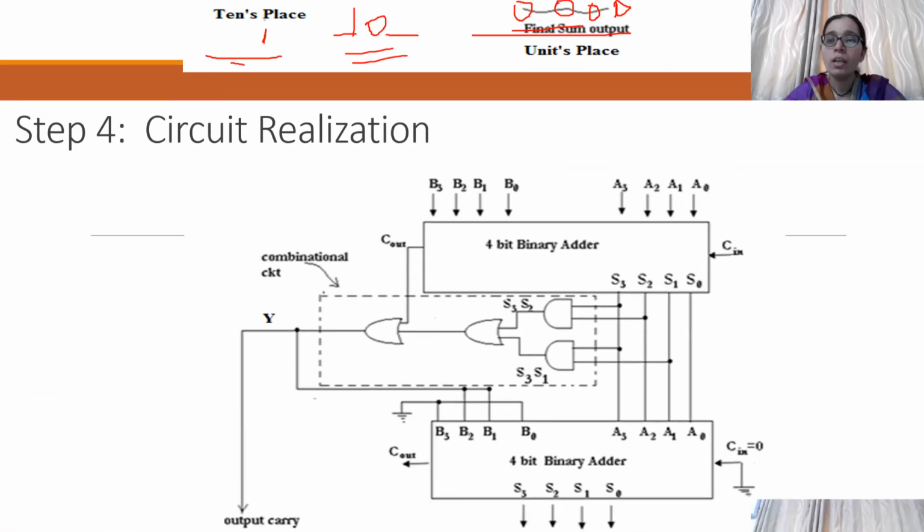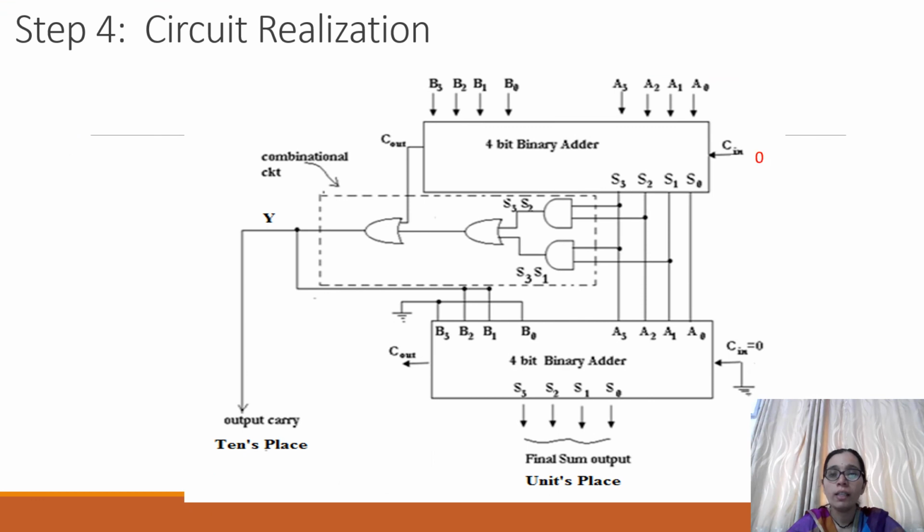Same here with one example. Cin 0, that is B is 3, A is 4. So A plus B is 7. Now 7 is 0, 1, 1, 1. Here 0, 1, 1, then 0, 0, 0. Y is 0. Therefore, these two bits B2, B1 will be 0. 0, 1, 1, 1 will be as it is from S3, S2, S1, S0.